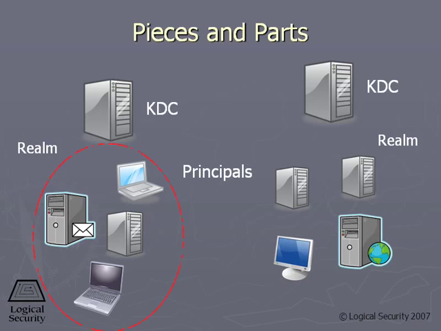The principals are the ones that are going to use the KDC for authentication, and then collectively they're called a realm. So a KDC can be responsible for one or more realms. It doesn't have to be just one. Now within the KDC itself, there are two main services that we have to understand: an authentication service and a ticket granting service.